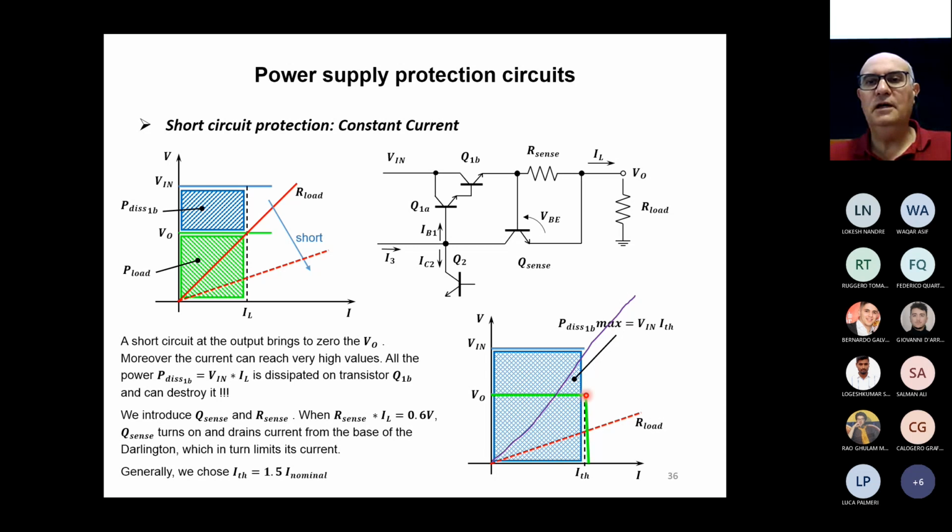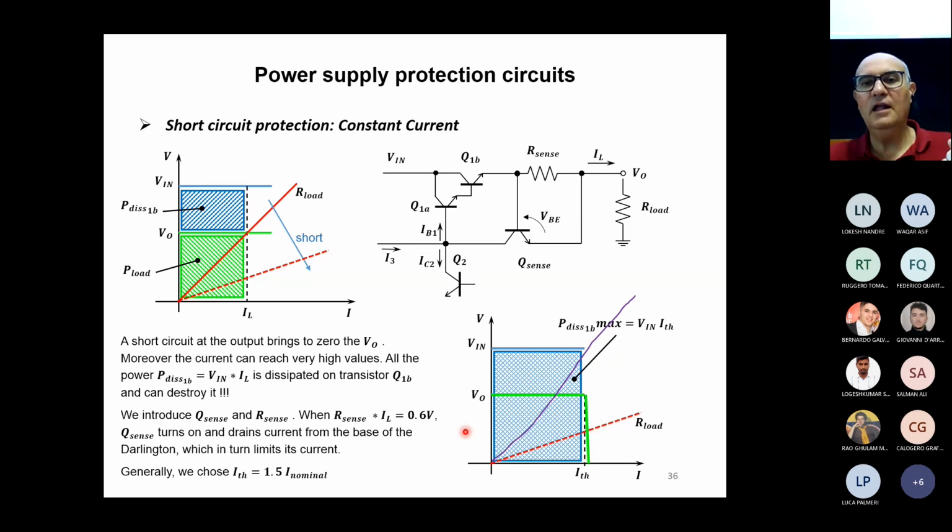But when we reach the threshold current, so if the load resistance reduces its value, at the point when we have a current passing through higher or similar to the threshold current, this transistor turns on and starts limiting the current. What can happen is simply that if I reduce further the output resistance, this transistor is limiting its current, but basically the current remains constant.